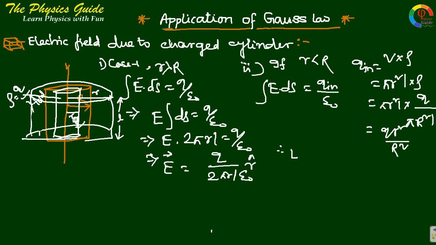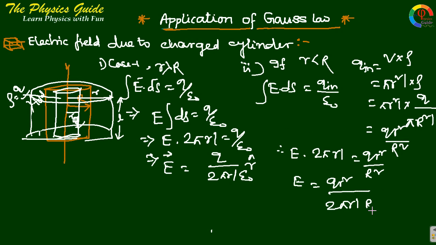Therefore E times the integral of ds, which gives 2 pi r l, equals q r square by capital R square. This means E equals q r square by 2 pi r l capital R square.